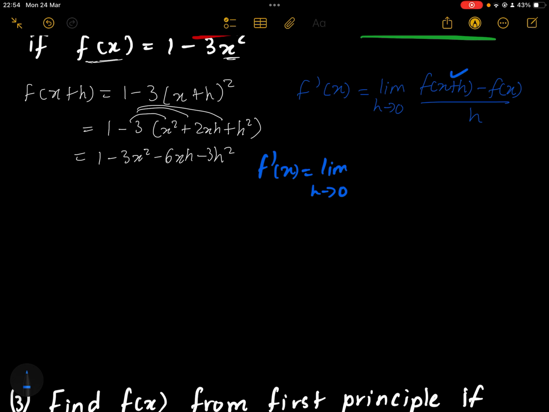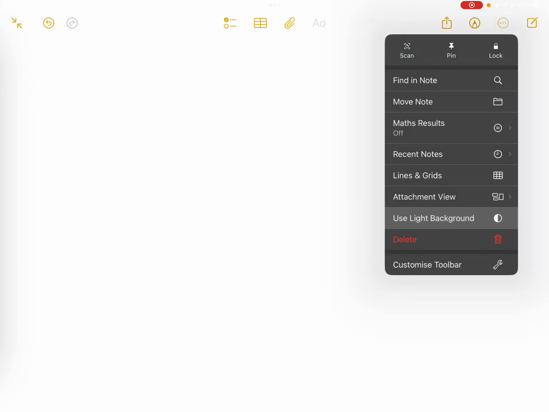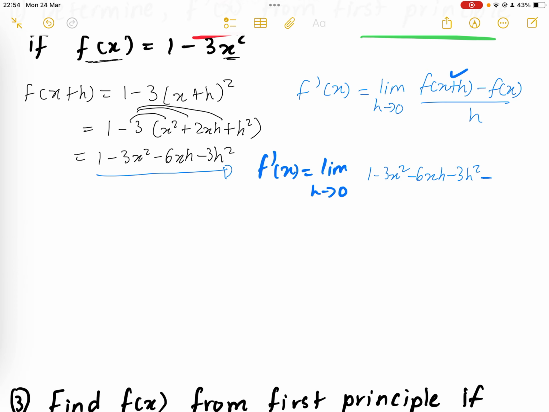We already found the formula for f(x plus h). This was the answer we got: 1 minus 3x squared minus 6xh minus 3h squared, minus. Now what are we minusing? We are minusing the f at x.